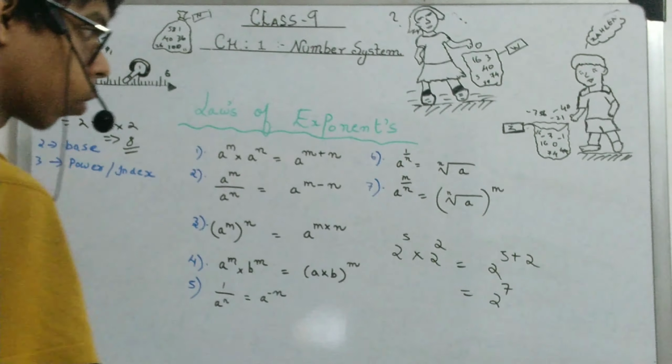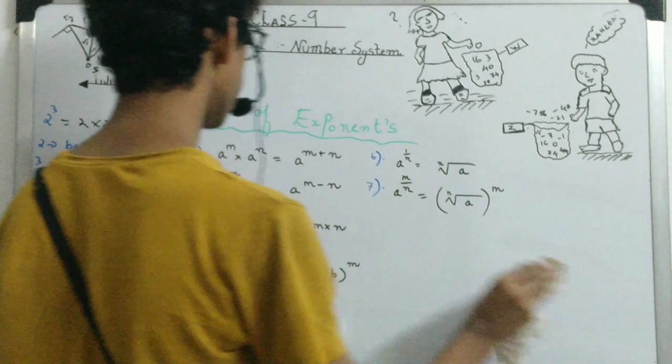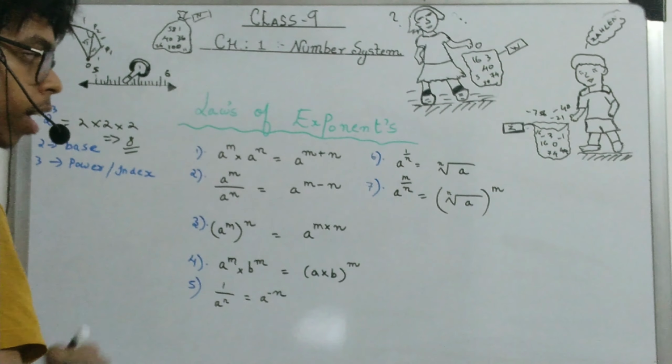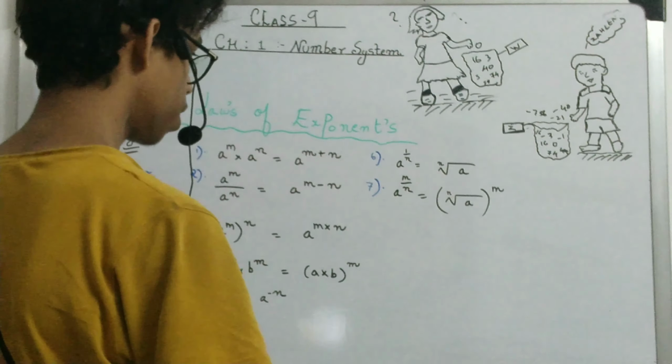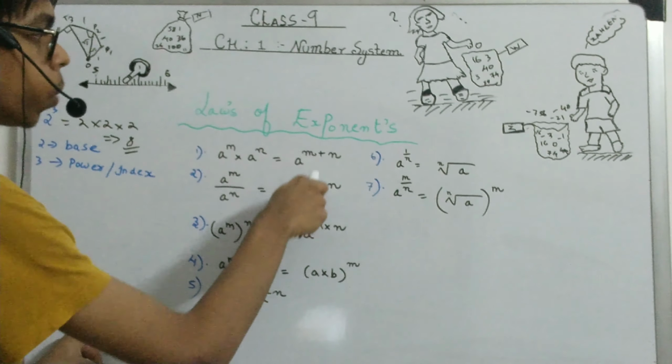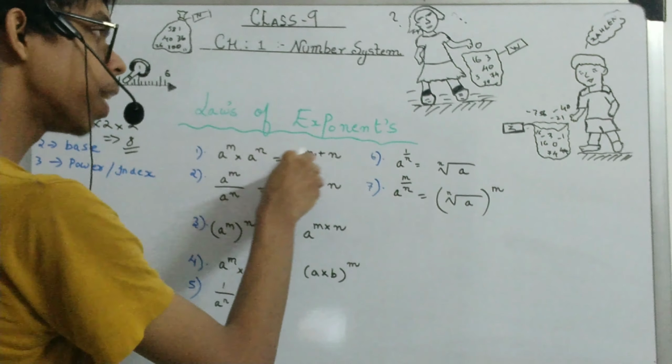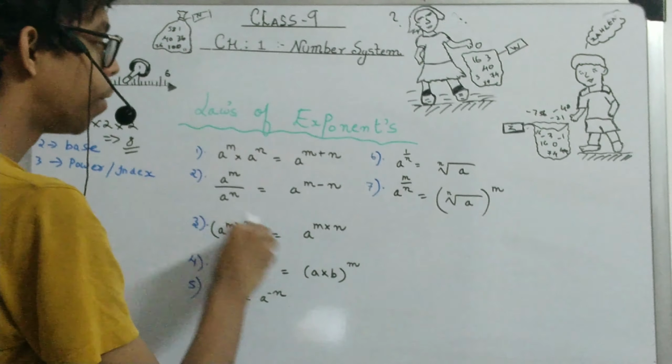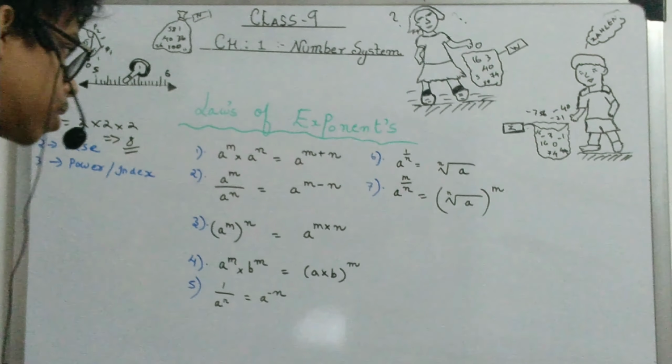Now our second identity is a raised to m divided by a raised to n is equal to a raised to m minus n. When we do multiplication, we add; when we divide, we subtract.